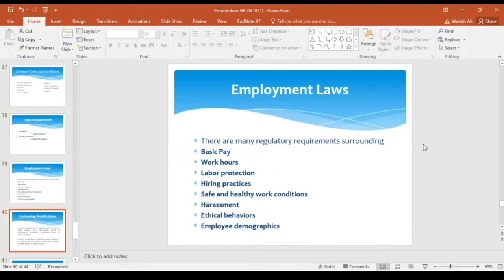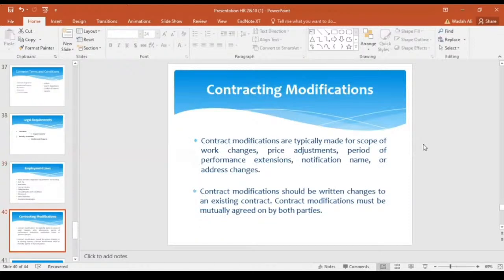So the contractor must be aware of the regulations and should specify who is liable if goods or services are misused by any contracting organizations. We have some labor laws in Pakistan also, which define basic work hours and basic pay of the laborers, and which protect the laborers from the misuse of power.